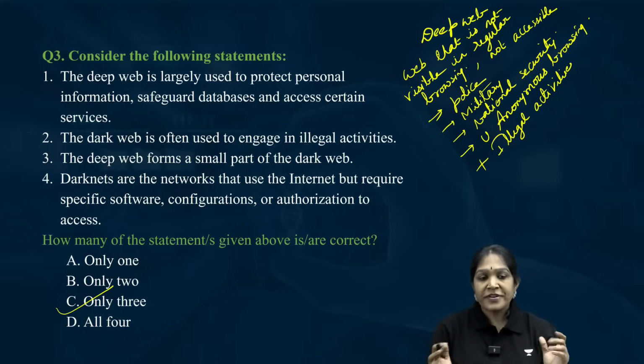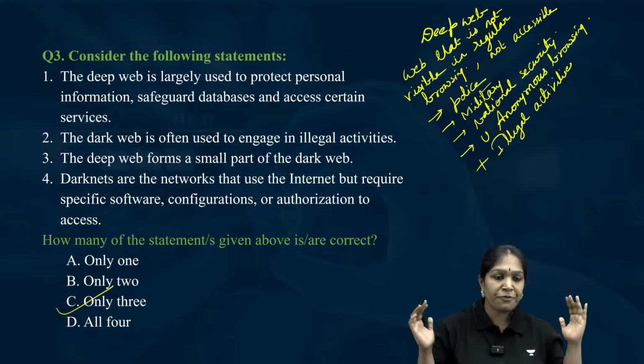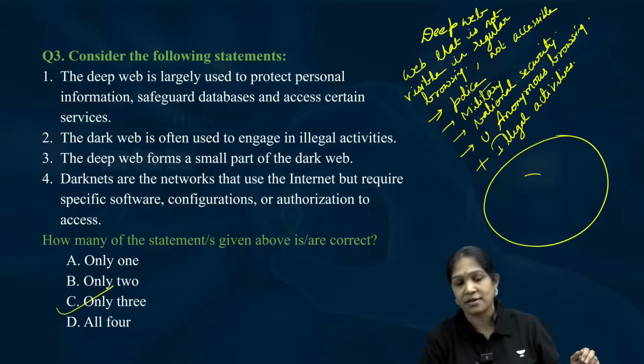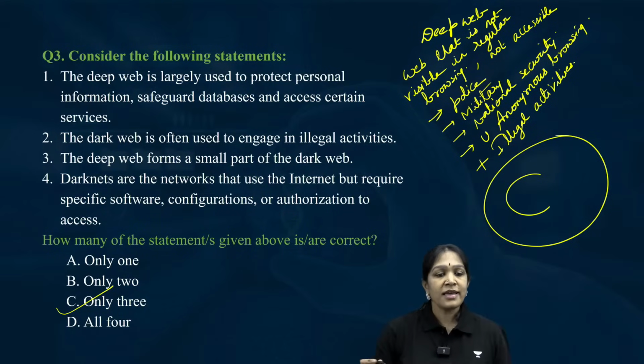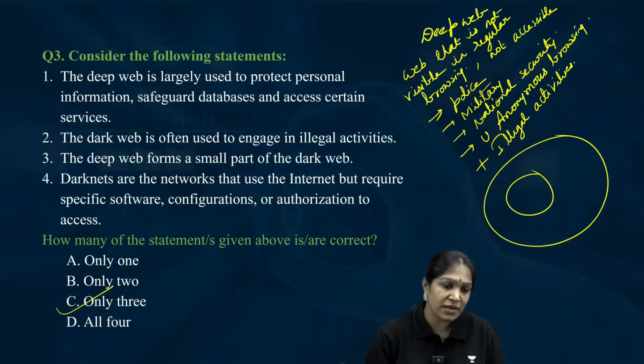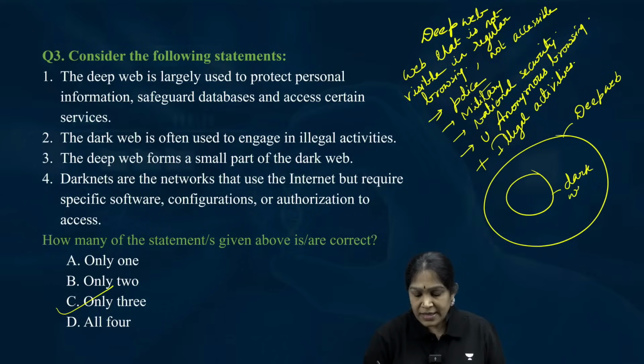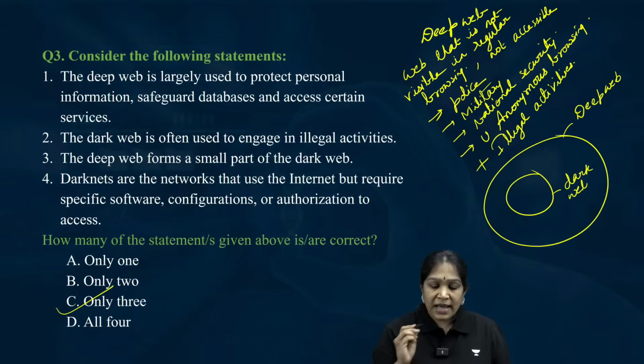So, which is a bigger concept? Deep web is a bigger concept. I have drawn two circles here. Which circle is deep web? The outer circle or the inner circle? Okay, this is deep web and this is dark web.